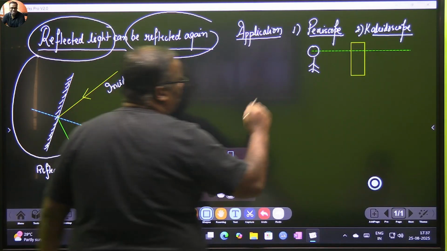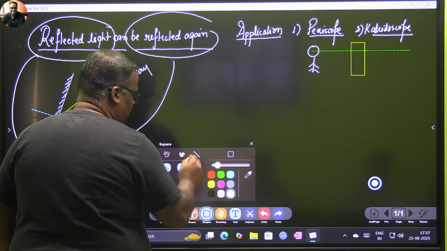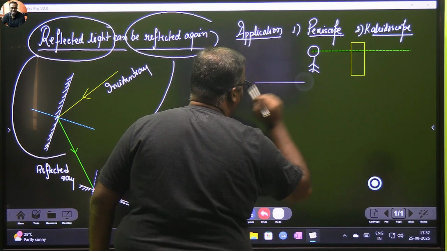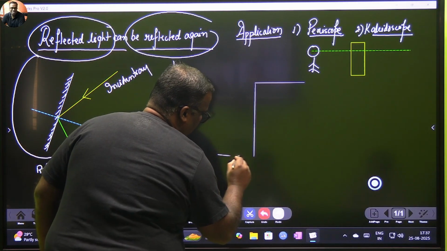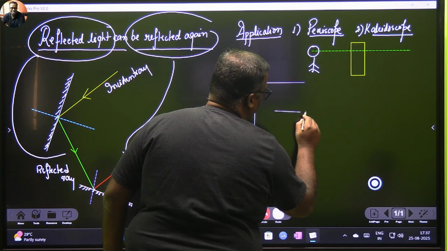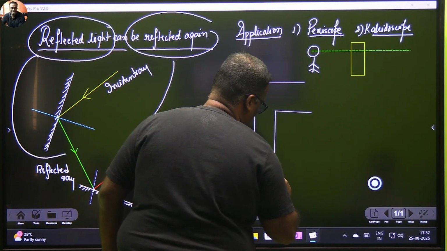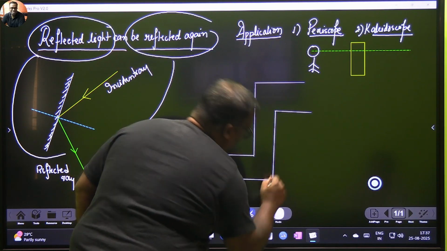A periscope, a very simple form of which I'm trying to draw.